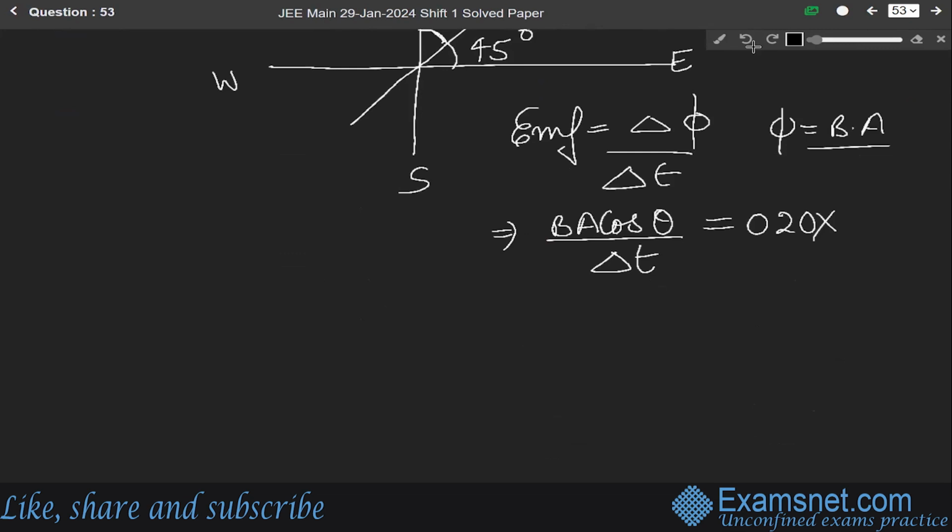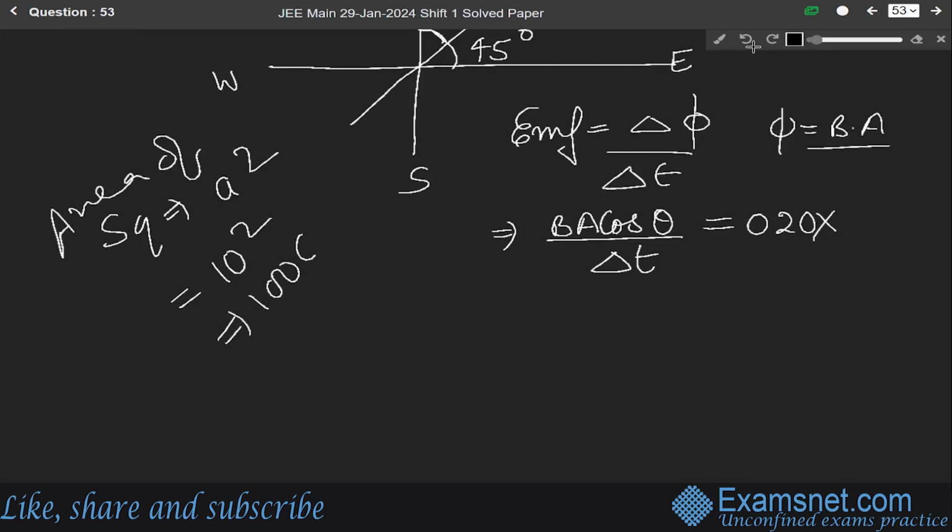Area of the square is 10 centimeter square, means 10 squared, it means 100 centimeter square. 100 divided by 10 to the power 4, meter square, that is into 10 to the power minus 4, into cos theta. Cos theta means cos 45 degree, means 1 by root 2, and divided by delta t.